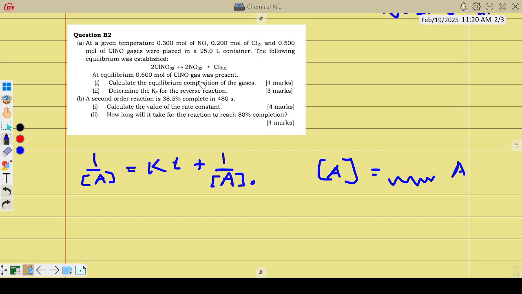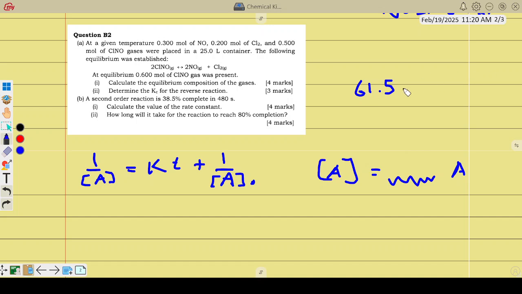Since it's 38.5% complete, we say 100 minus 38.5, it's 61.5. This question looks familiar. We were answering it as a first order reaction. This is what remained since it was complete by this much. So we use what remained, and we make sure we divide that by 100.